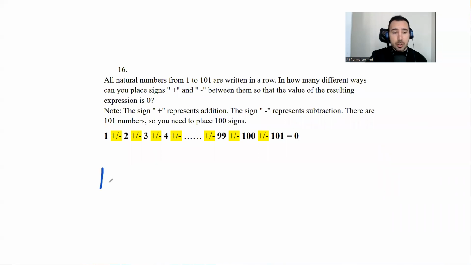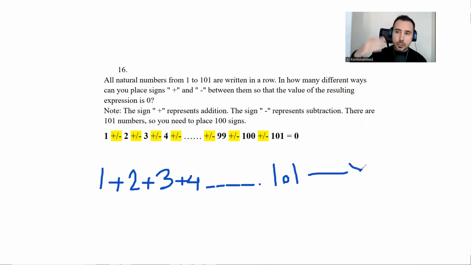Let's assume that all of these are positive, all of them up to 101. In this case, what is the total result? What is 1 plus 2 plus 3 plus 4 up to 101? You could pause the video, do it yourself. Well, it's going to be 100, the last number, plus the first number, which is 1.